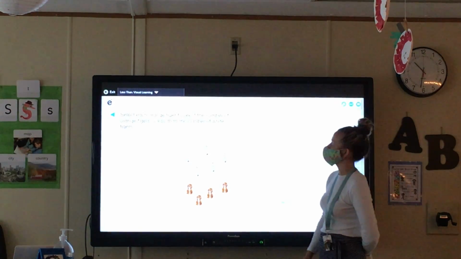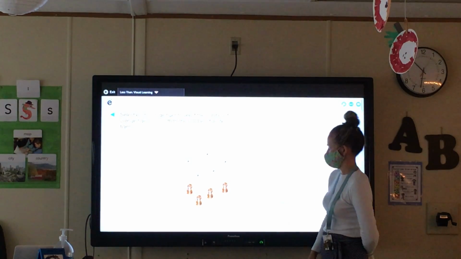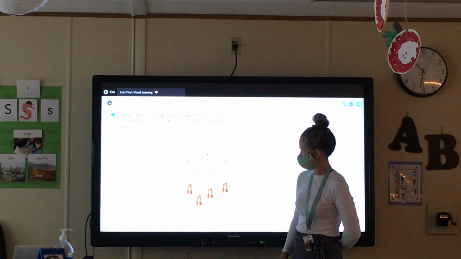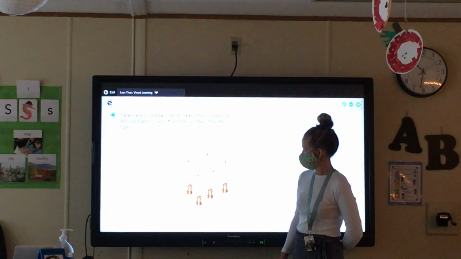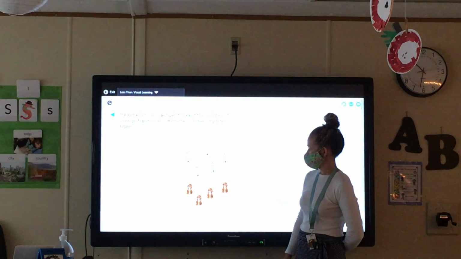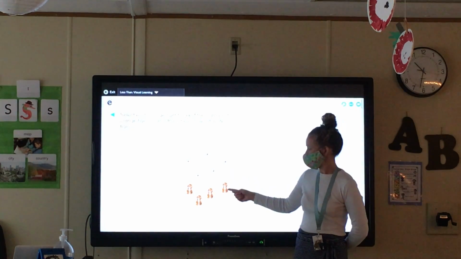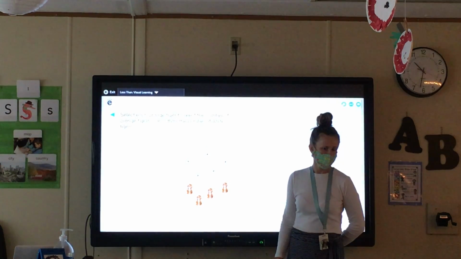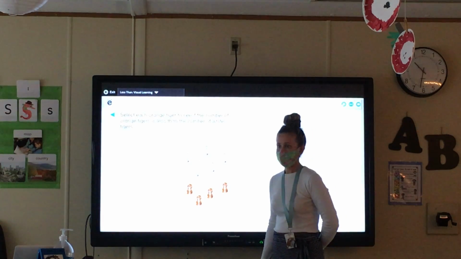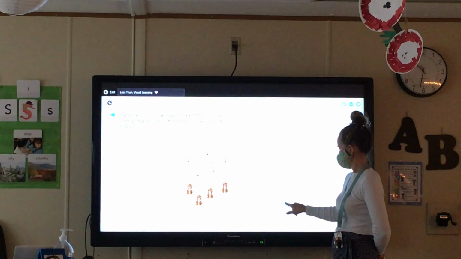So to see if the number of orange tigers is less than the number of white, here we go. 1 to 1. 1 to 1. 1 to 1. Oh, there's poor little guy. There wasn't an orange tiger for him to be a part of. Was there? No? Okay, so that's how we know that the orange is less than the white.